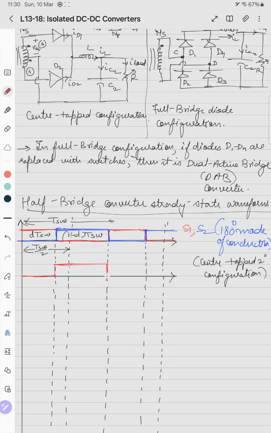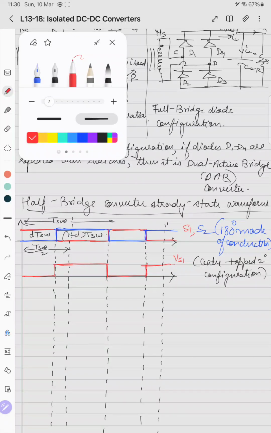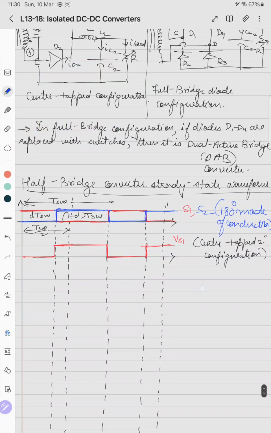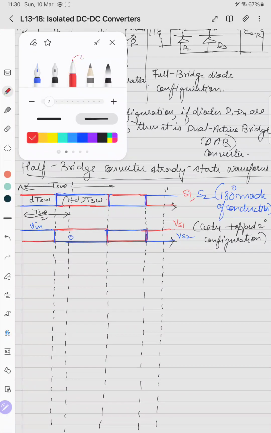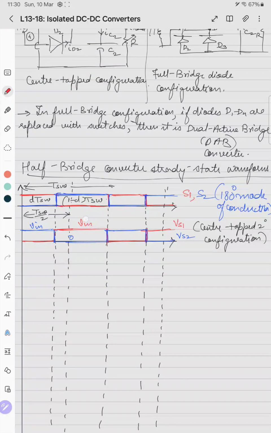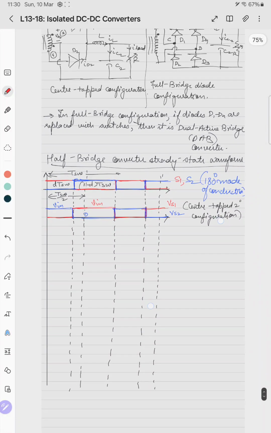Then Vs2 will be the reverse. This is V in and this is 0. Similarly, this is 0 and this is V in. These are the voltages across the devices.